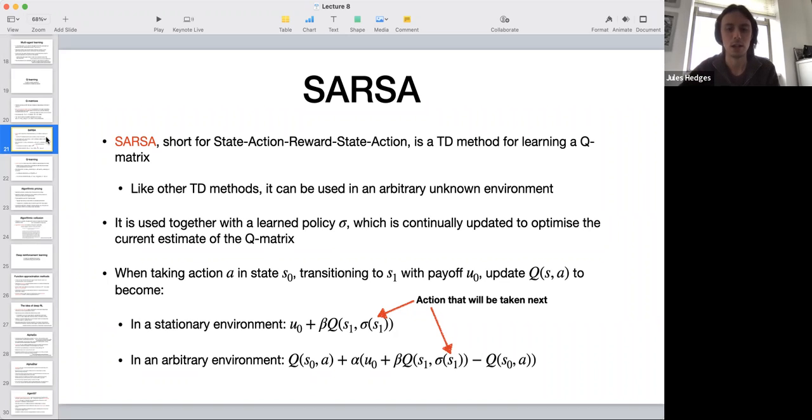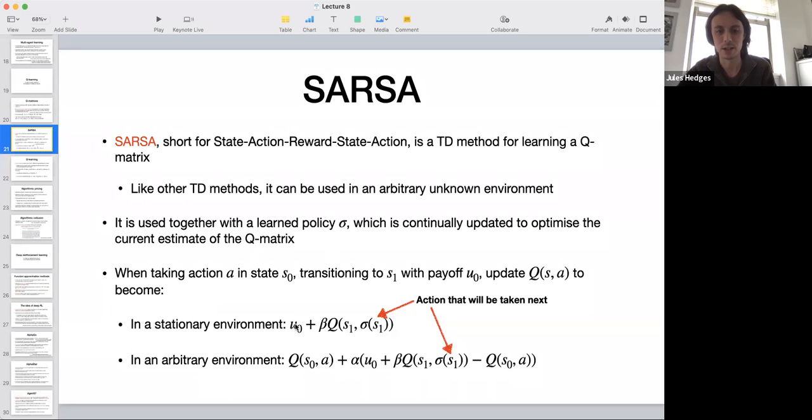The policy is always updated to optimize the action with respect to the current Q matrix. So the update rule is, if we're in some state S0 and we take some action A, we're going to be updating Q of S0, A. Suppose that we transition to the state S1 and we get a payoff U0, how are we going to update this entry? Well, in a stationary environment, we're going to use this rule.